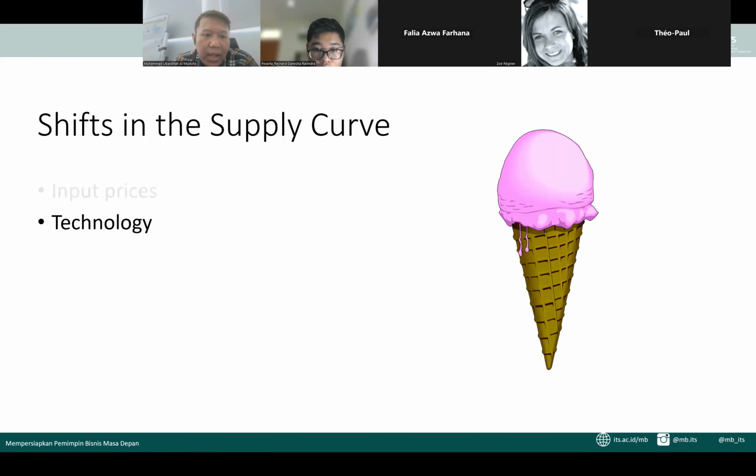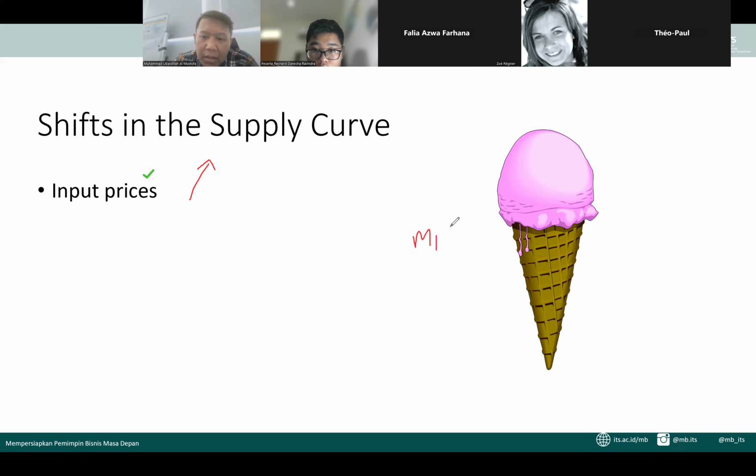So these are the aspects which shift the supply curve. We have the input price, the technology, the expectation, and the number of sellers. For example, an increase in input price. What are the components of making ice cream?